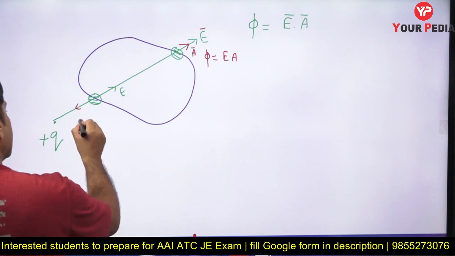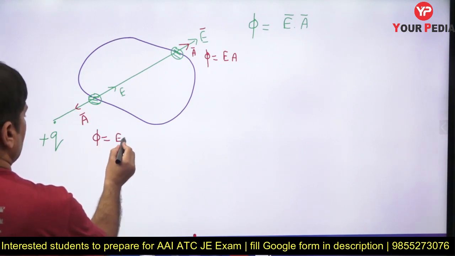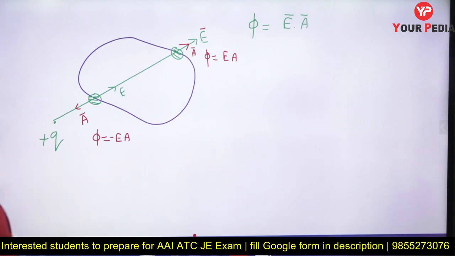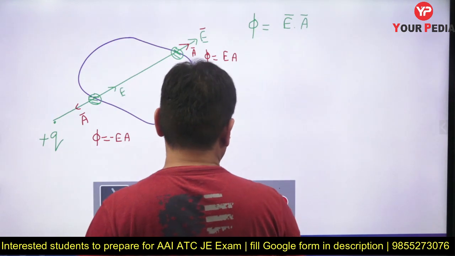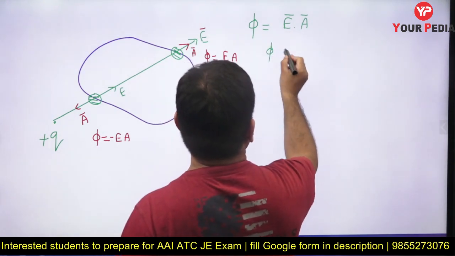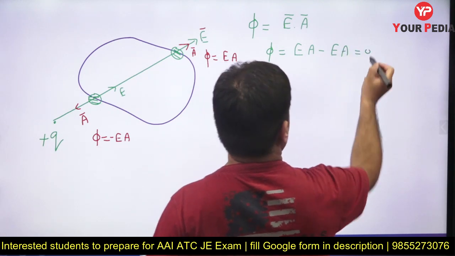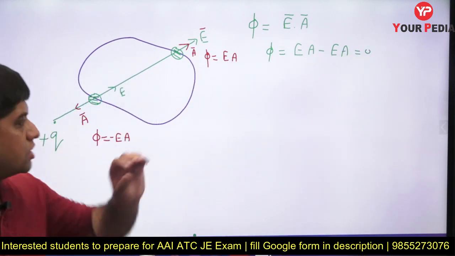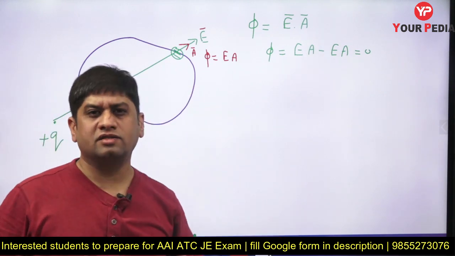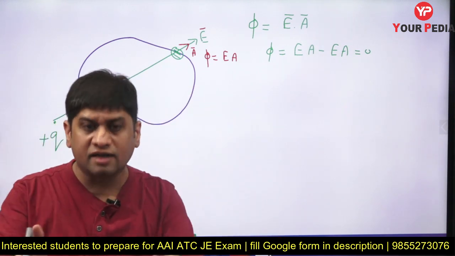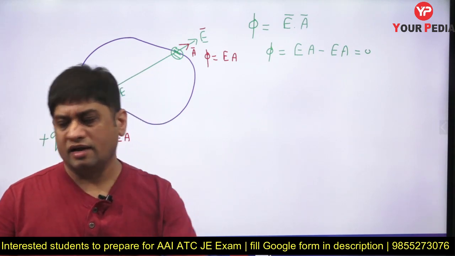But in this case, the area direction will be this, and hence phi here will be E A cos 180, and hence it is negative. So when we add this, the total electric flux we get will be E A minus E A is equal to 0. So if I put the charge outside, electric flux means the electric field lines going out of the surface, not entering inside. Going out is to be taken positive, entering inside is to be taken negative, and electric flux will be 0.